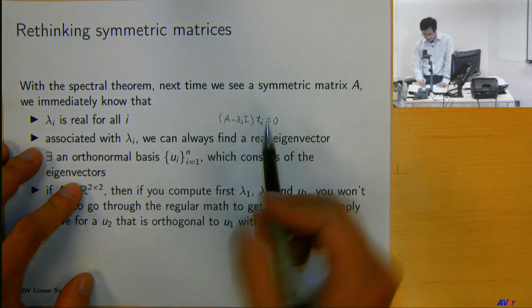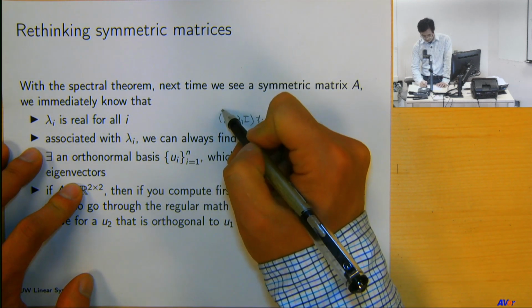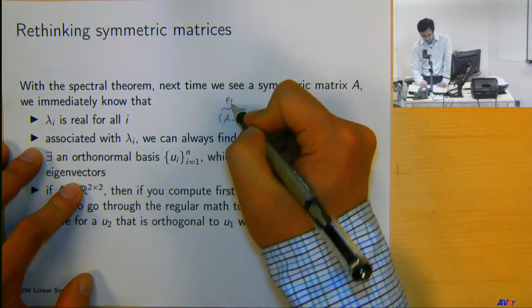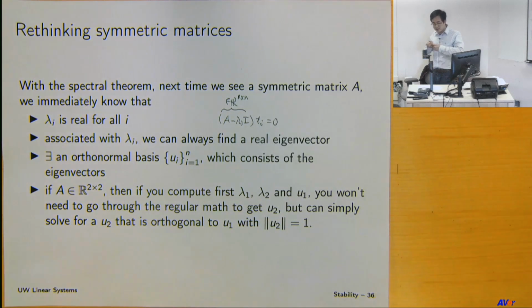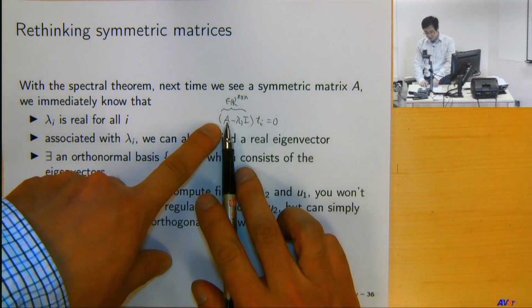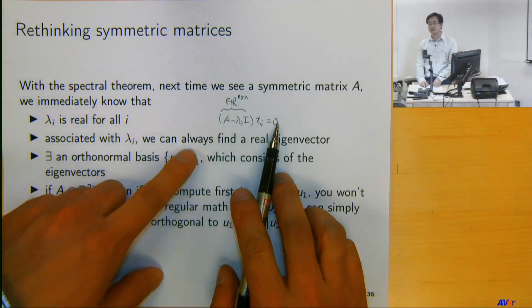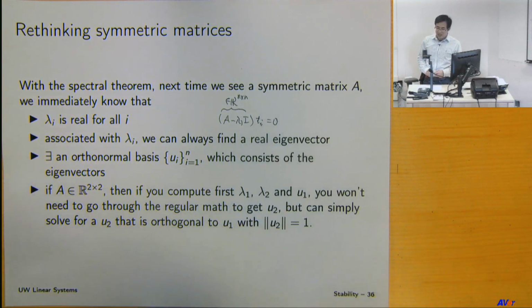What is the reason? This is real. This is also real. So this is a real matrix. So if I have a real matrix, we are solving this equation, right? A real matrix times a vector equal to 0, right? What is the tool that you use to solve a matrix equation like this in your undergraduate linear algebra class?